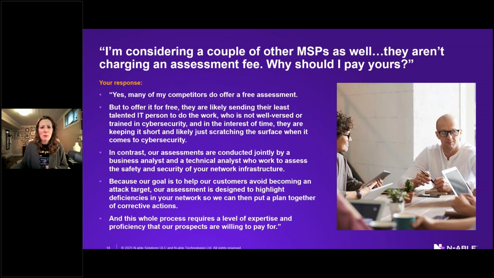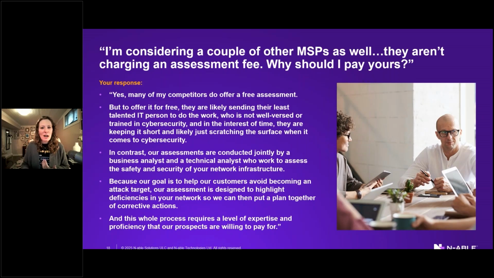A possible response could be: yes, a lot of my competitors do offer a free assessment. But if you think about it, to offer it for free, they're likely sending their least talented IT person to do the work, who may not be well-versed or well-trained in the area of cybersecurity. And in the interest of time, they're keeping it short.